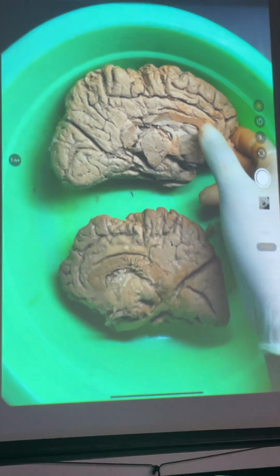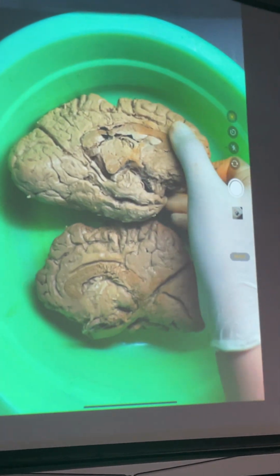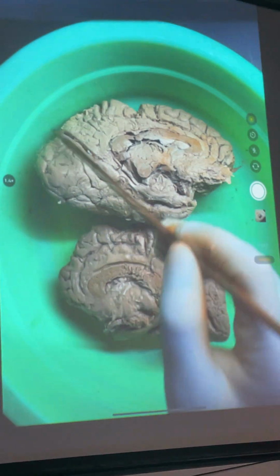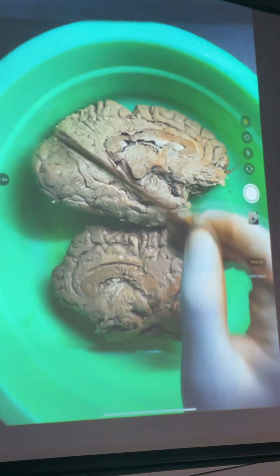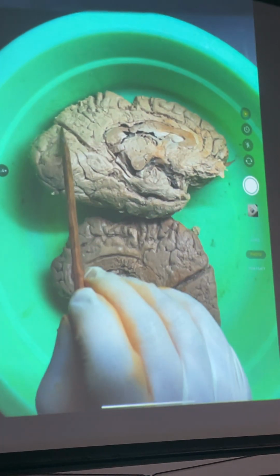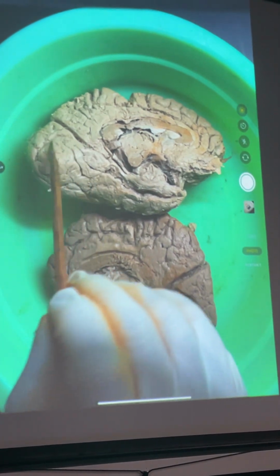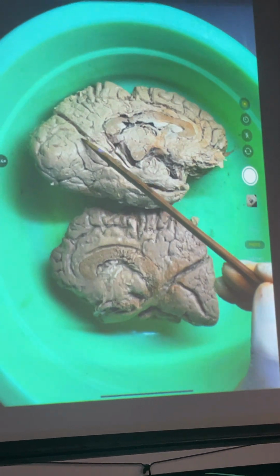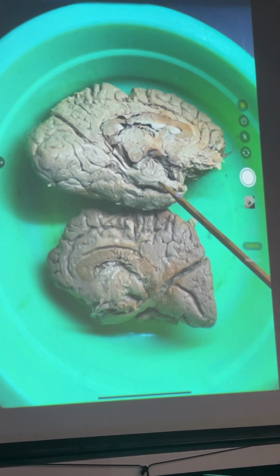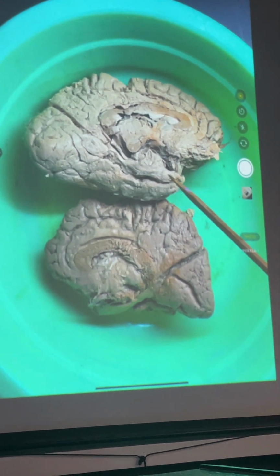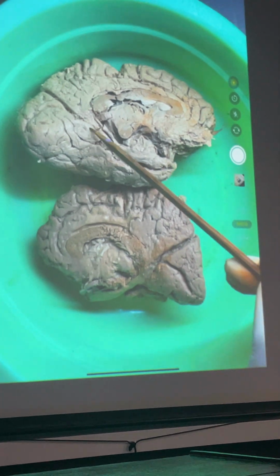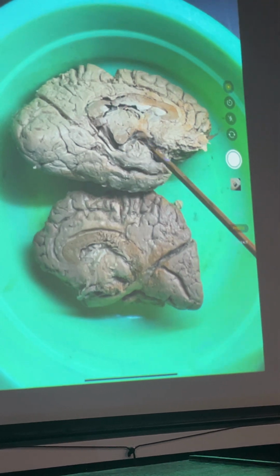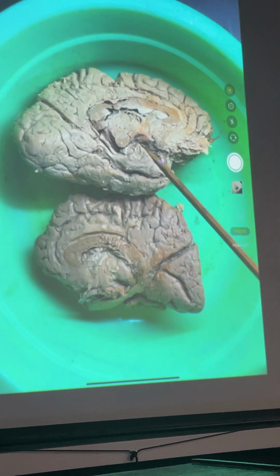the uncus. If we move this one on this side, as you can see, this one here is the parieto-occipital sulcus. This is the cuneus, and this is the calcarine fissure. Then this is the lingual gyrus. This one here is known as the parahippocampal gyrus, and when it bulges at the end of the parahippocampal gyrus, that's called the uncus.